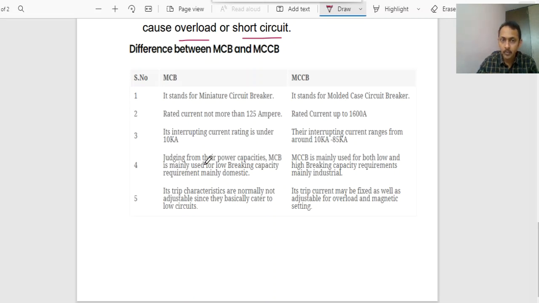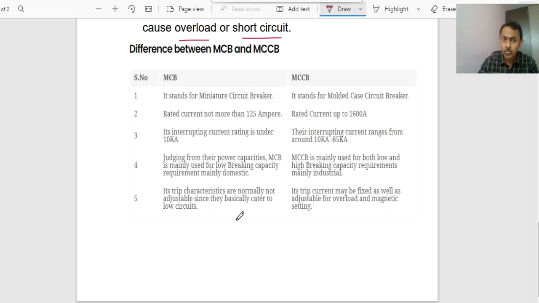Now judging from their power capacities, MCB is mainly used for low breaking capacity, whereas MCCB is used for both low and high breaking capacity requirements, mainly for industrial purposes, whereas MCB will be used mainly for domestic purposes, right?